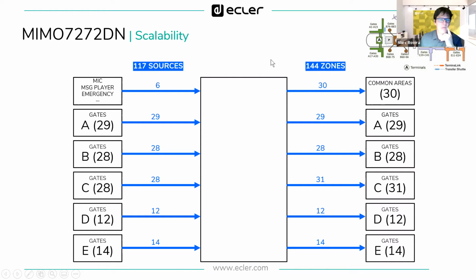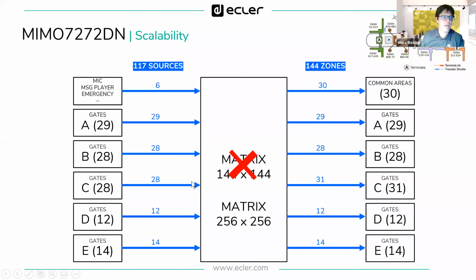So at first sight, okay, I have 144 zones, so I get a matrix of 144 by 144. This is not possible. Usually the sizes are 8, 128, 256, 512.